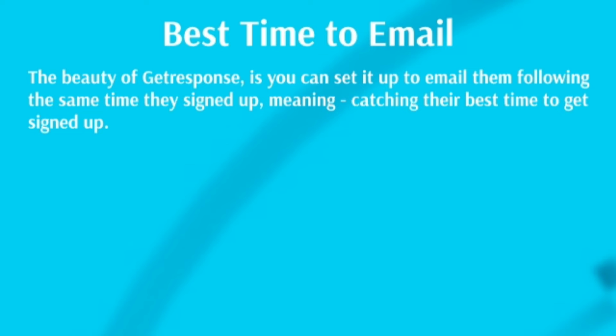Now, you don't have to do that. You can actually set it up differently. You can set it up so that they receive an email every day, every other day, or once a day, and then you skip 2 days, and then you go 3 days. Or you could even set it up so that you only email them during Monday through Friday, and you skip Sunday and Saturday.